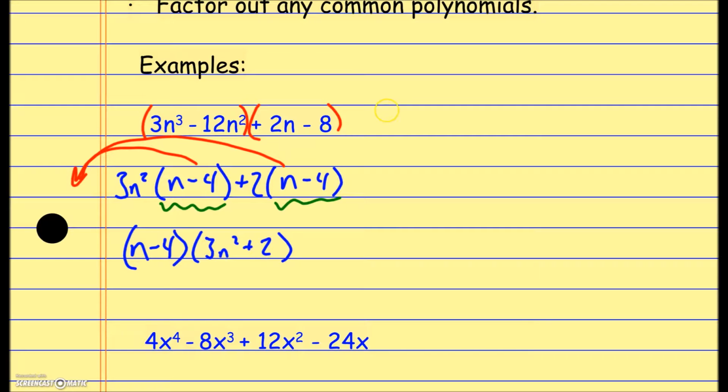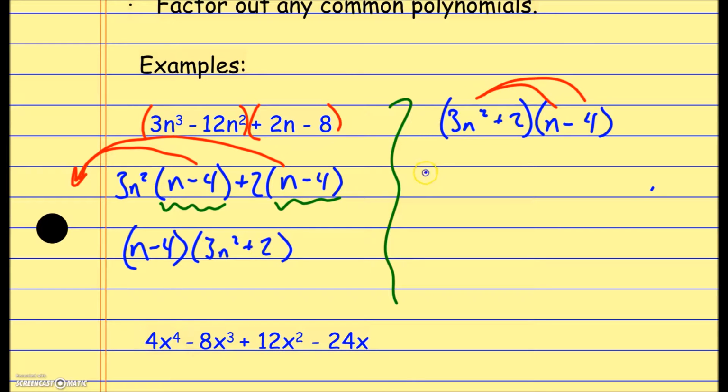This is what we do when we FOIL these things. Let me rewrite it this way. Think about what the process is that we're showing here in reverse. I'm writing m's instead of n's. I know my letters. So what happens here is if I were to FOIL or distribute, I would distribute this, which would be like me doing 3n squared times the n minus 4.